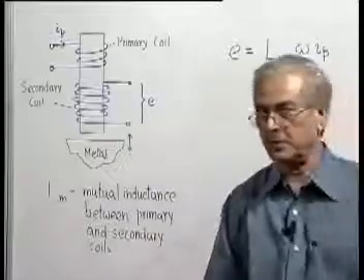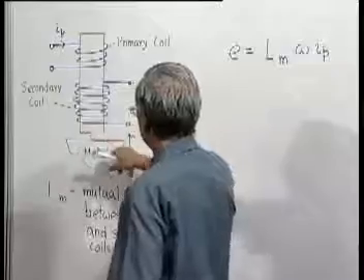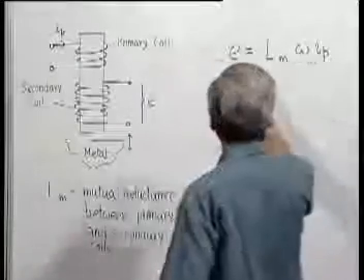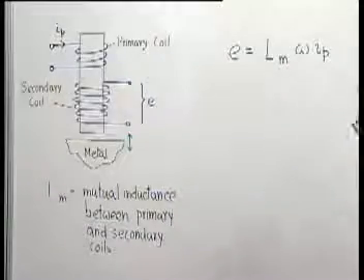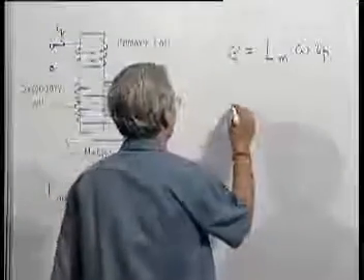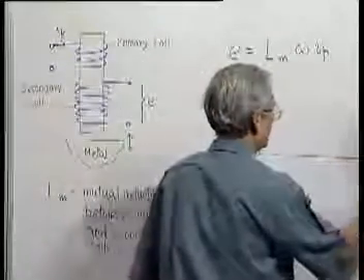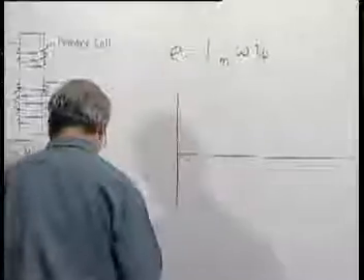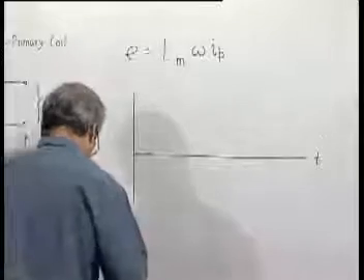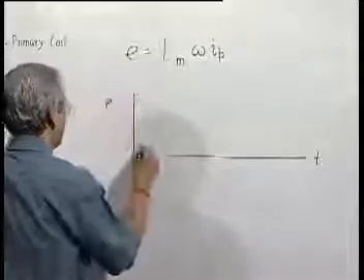Now, what happens? This gap, which is a metal, and due to the eddy current which is generated here, produces an effect which changes the Lm. So what will happen is interesting: this very high frequency current will produce a voltage E, something like this.